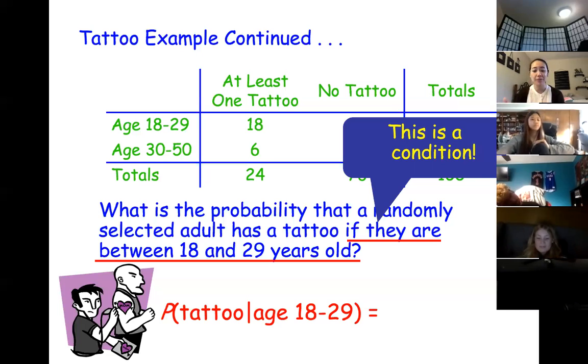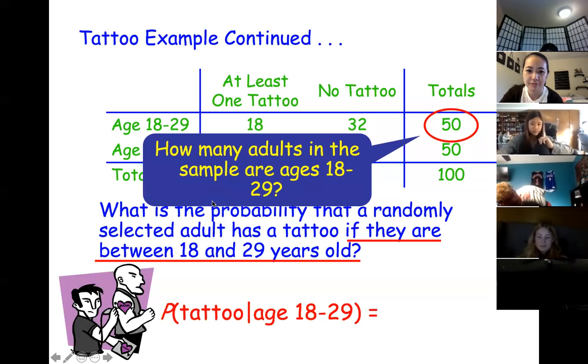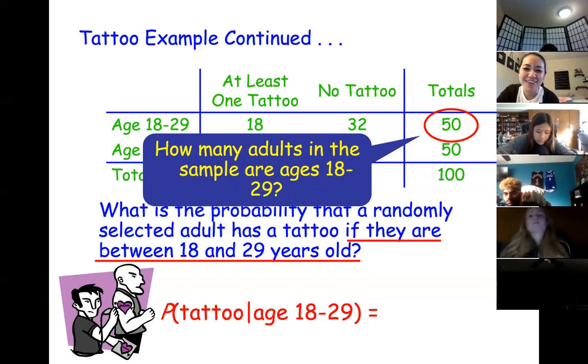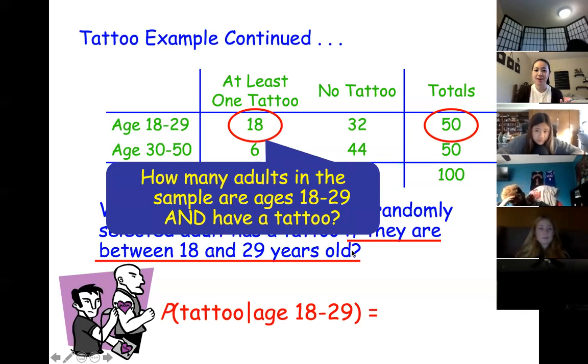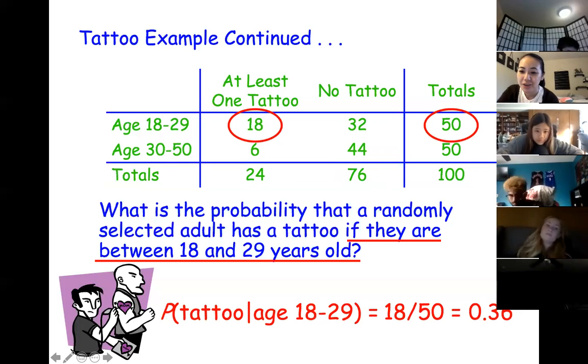Good. And how many people are just between 18 and 29? 50. Good job. So that is your fraction: tattoo and 18 to 29 over just 18 to 29. The second part is always your denominator. So we have 18 over 50, which gives us 0.36.